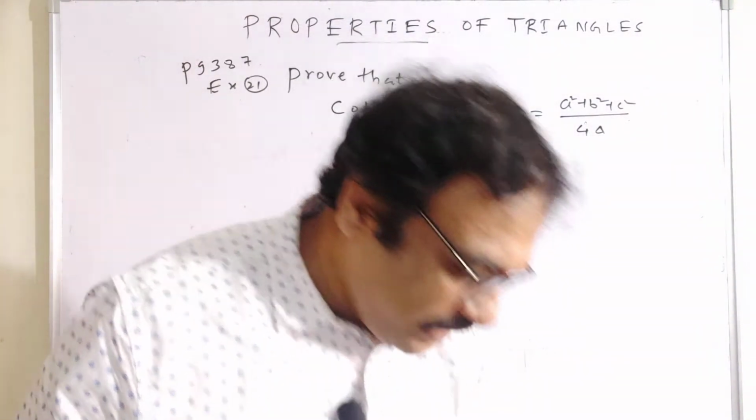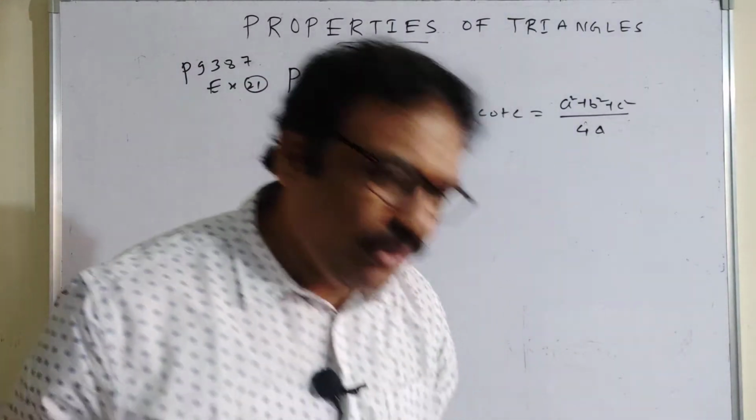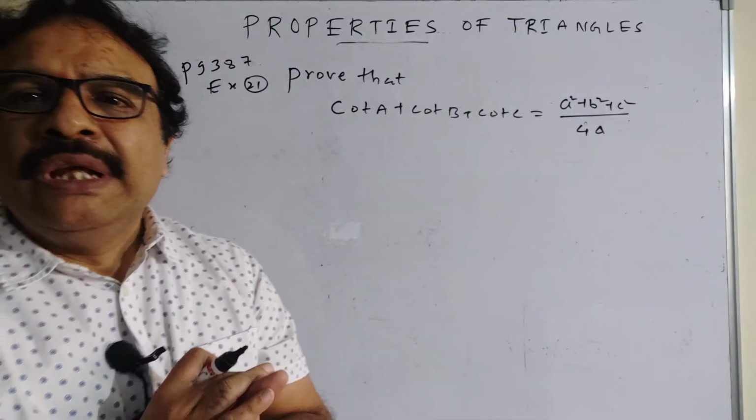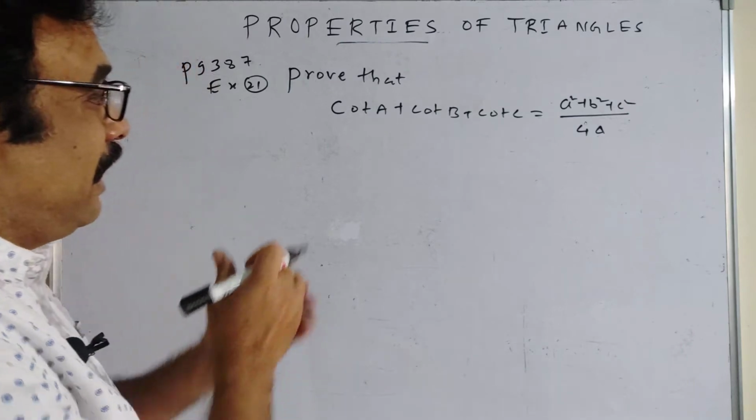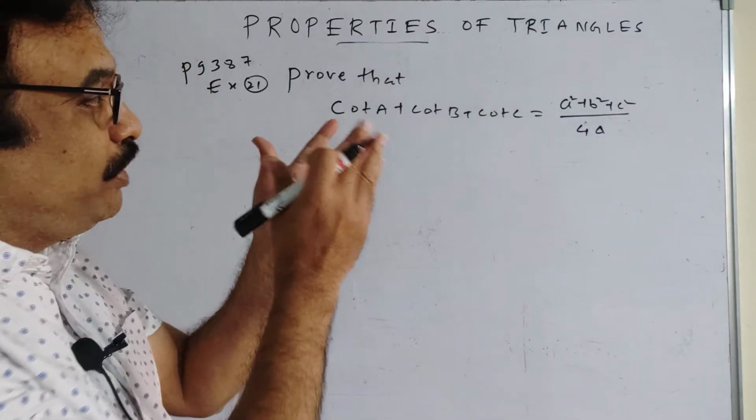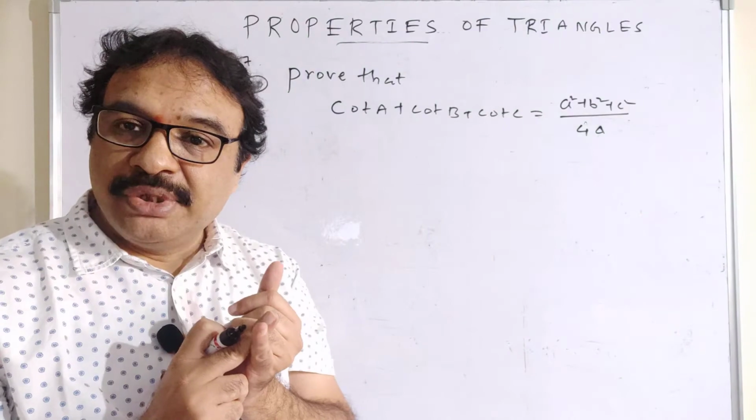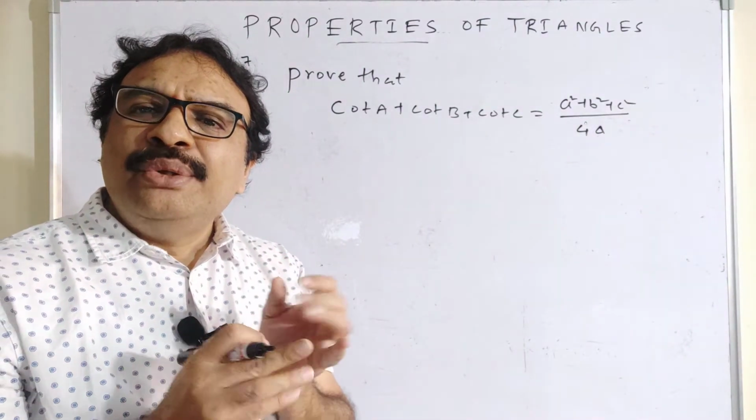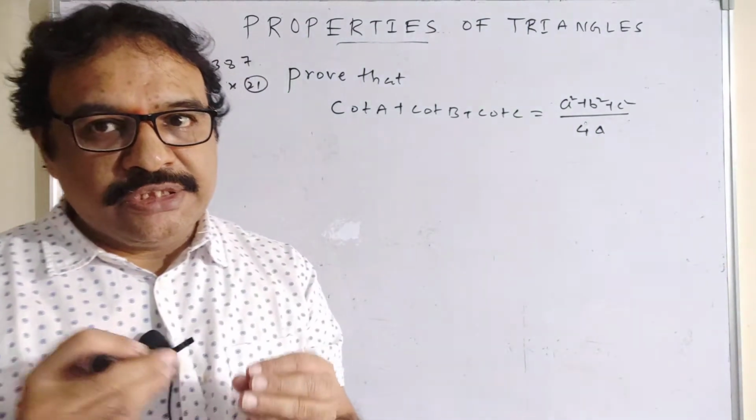Right. First, what do I need to understand? I need to take LHS, I need to prove RHS. That is the first point. The second point, you are talking about properties of triangles.